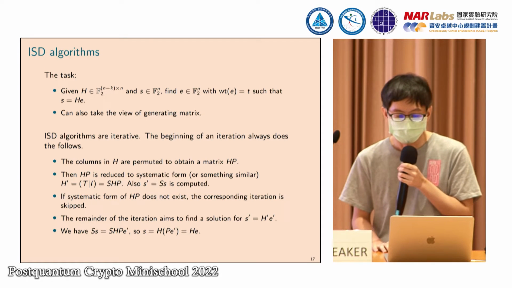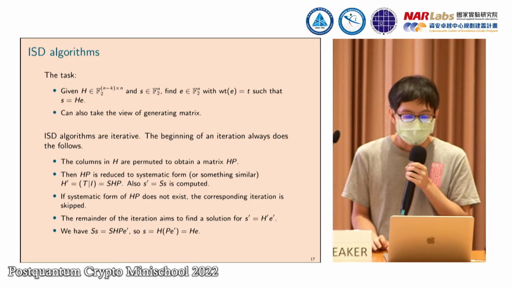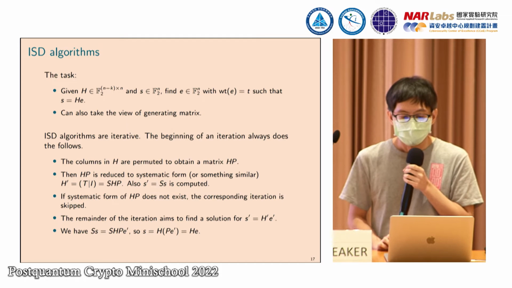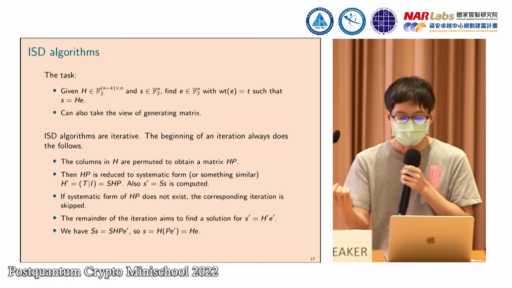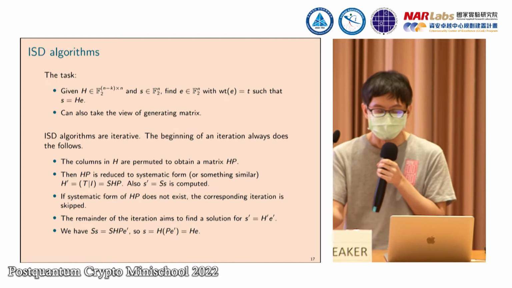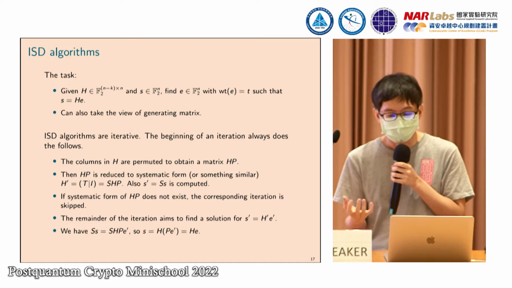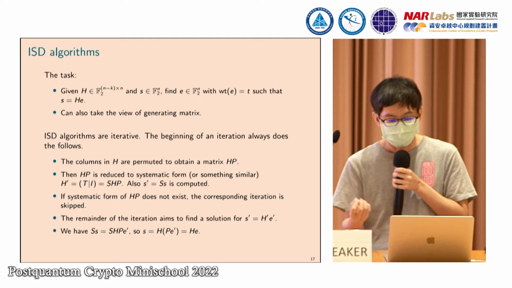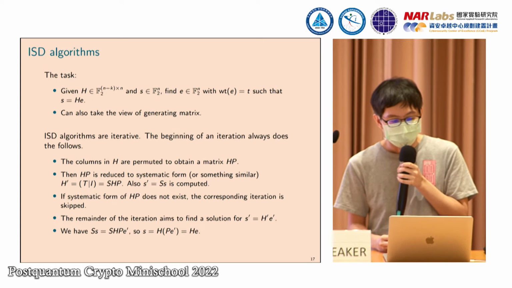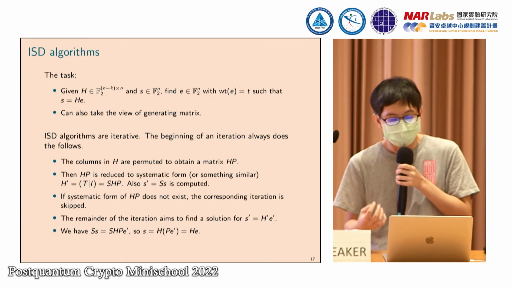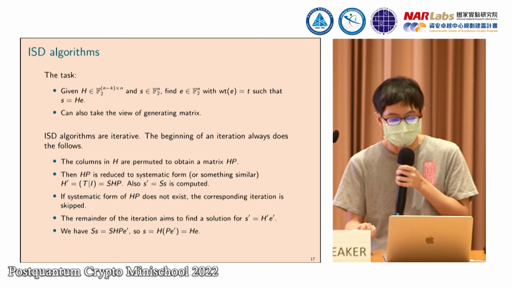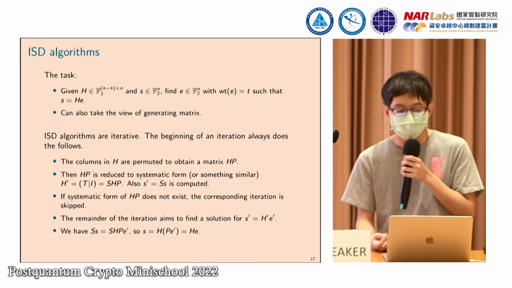We have some parity check matrix H and some syndrome S, and our job is to find a weight t vector E such that S is equal to HE. I think it's very easy to see that if you can solve this, then you can break Niederreiter. Of course, you can also take the view of the generator matrix, and then ISD algorithms work against McEliece's cryptosystem.